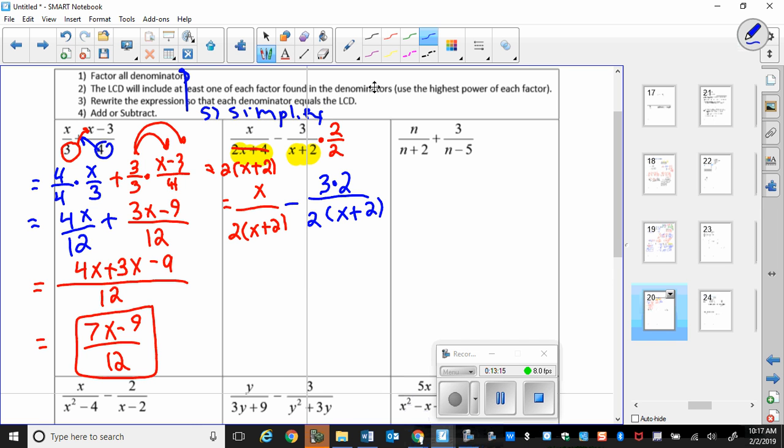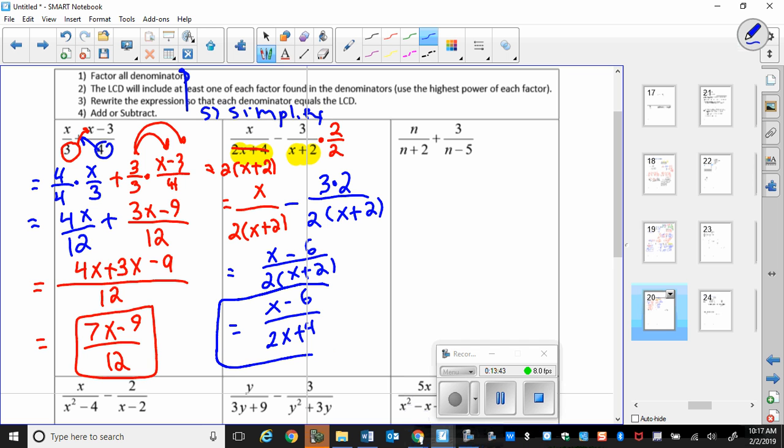And if you look, you can see the denominators are the same when they're in factored form. All I need to do is simplify. This is a good example of why factoring is important. This equals x minus 6 over 2 parentheses x plus 2. Simplify, this equals x minus 6 over 2x plus 4. Factoring is very important.